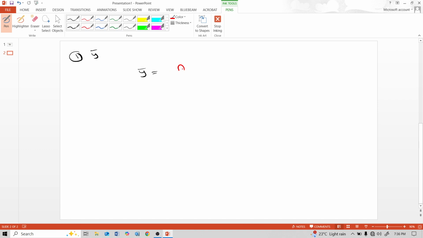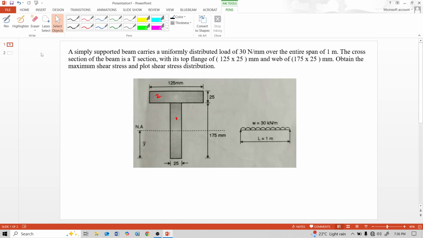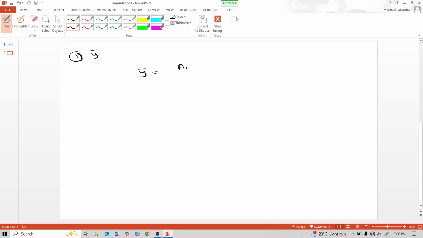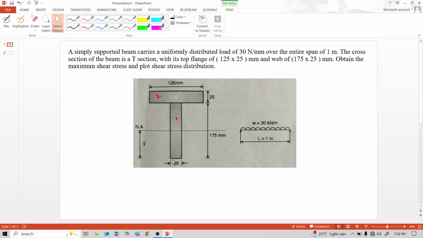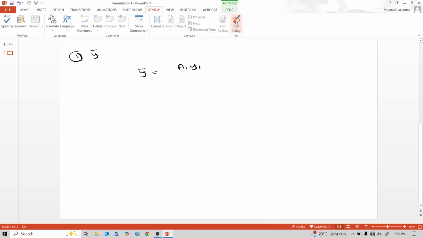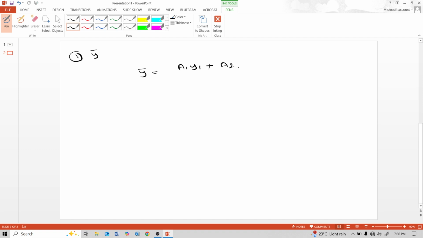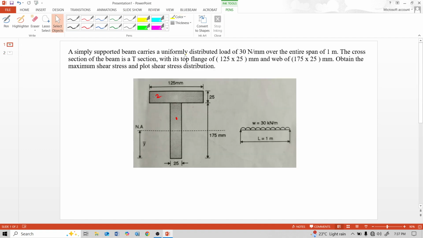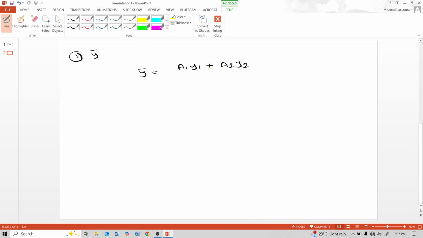Y bar is equal to A1 Y1, where A1 is the area for the web portion and Y1 is the centroidal distance for only the web portion from the lowest outermost fiber, plus A2 Y2, where A2 is the area for the flange portion and Y2 is the centroidal distance for the flange portion from the bottom fiber, that means this yellow portion, upon A1 plus A2.